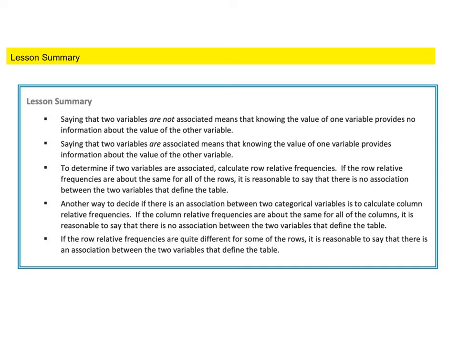Okay, to determine if two variables are associated, we calculate the row relative frequencies. Okay. Another way to decide if there's an association is to calculate column relative frequencies. Okay. If the row relative frequencies are quite different for some of the rows, it's reasonable to say that there's an association.